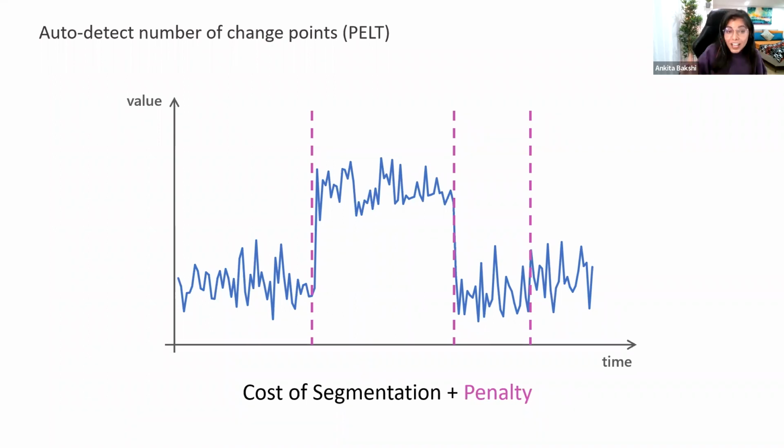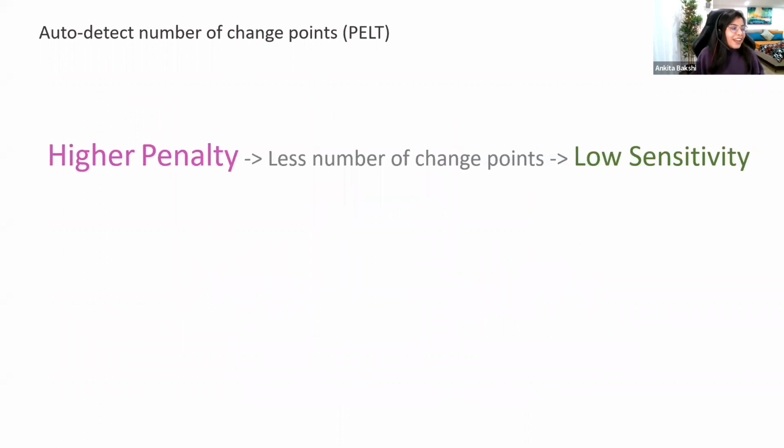But if you add an actual change point, then the cost would be lowered way further down and the penalty wouldn't affect that much. So again, there's a cost associated with adding new change points, and we can tweak the penalty in our tool. If you have a higher penalty, then fewer change points would be detected, meaning the tool has a low sensitivity towards change points.